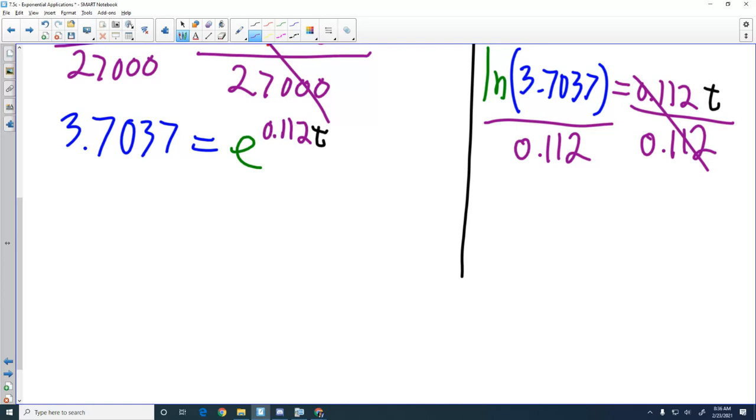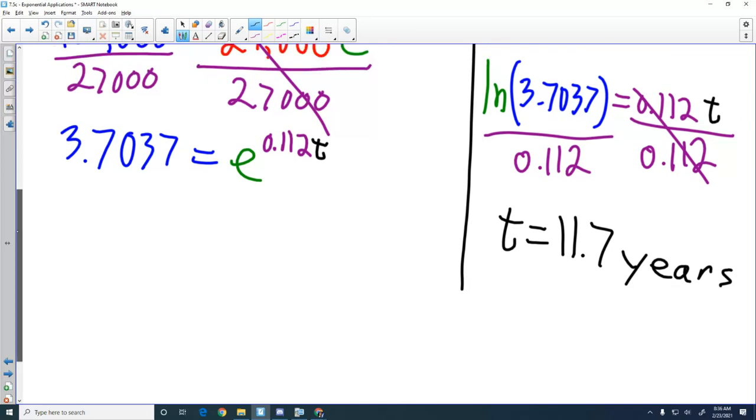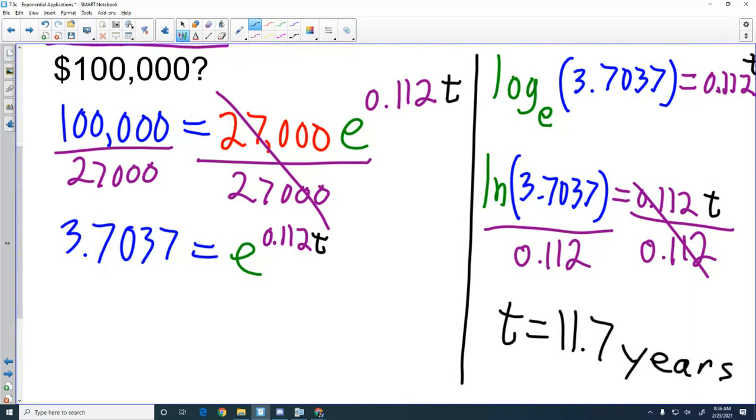And did anyone get something like 11.7? Yes? So time equals 11.7 years. Okay, what'd you do? Sure, using the change of base formula.